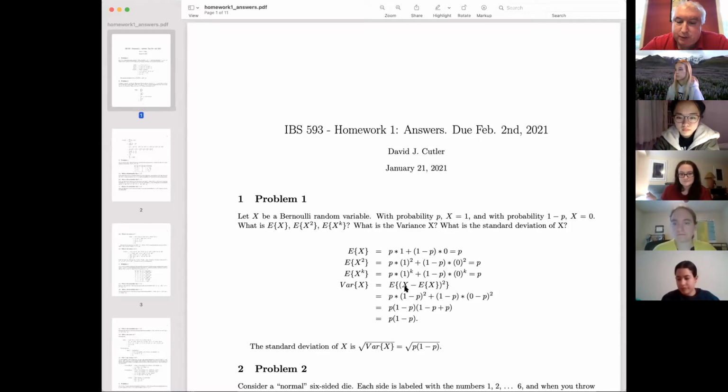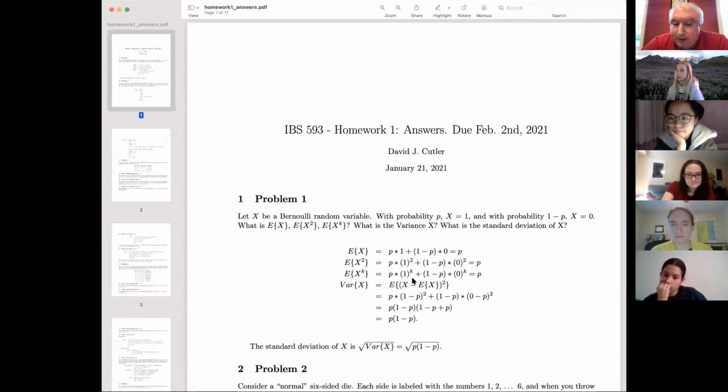When you want the variance, again we plug into the definition: it is the expectation of the quantity x minus its expectation, squared. X takes on the value 1 with probability p, and the expectation is p, so that is 1 minus p, quantity squared, times p.